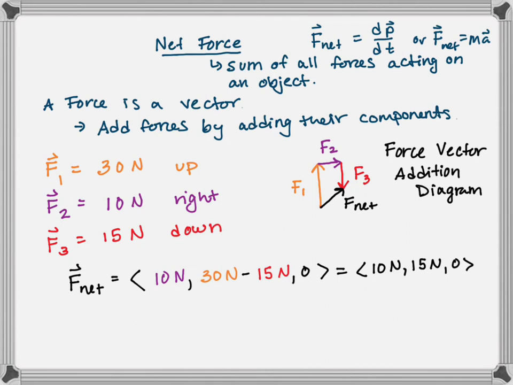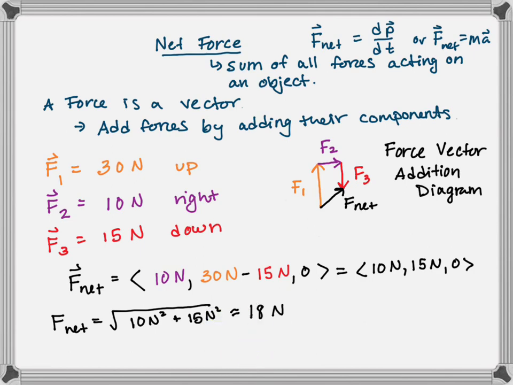Okay, but what if we wanted to have our final answer not in component form like this, but we actually wanted to know exactly what the magnitude and direction was of the net force? To do this, first we're going to start off with magnitude, and we add the components in quadrature. So we're going to add the x component squared plus the y component squared plus the z component squared. I didn't put that in because it's just 0. Take the square root, and we get 18 newtons.